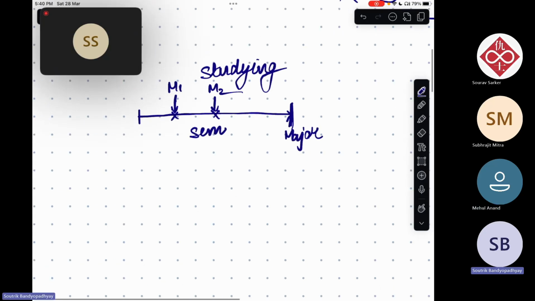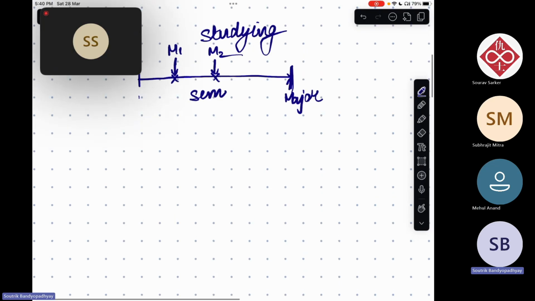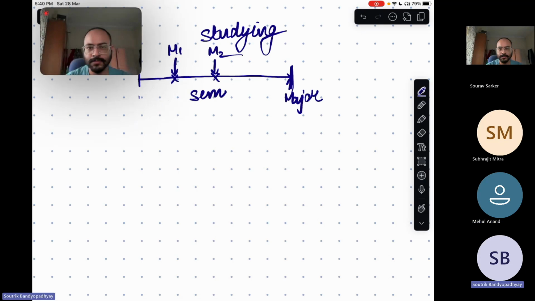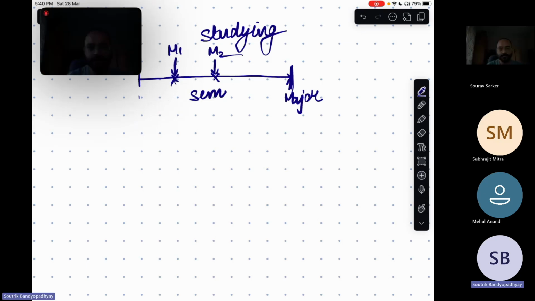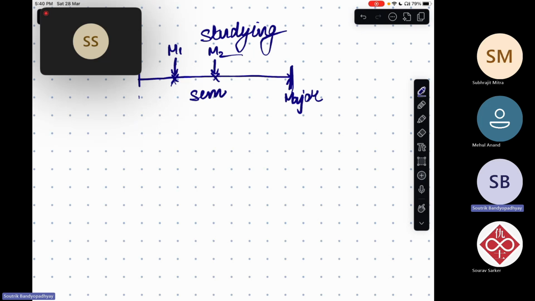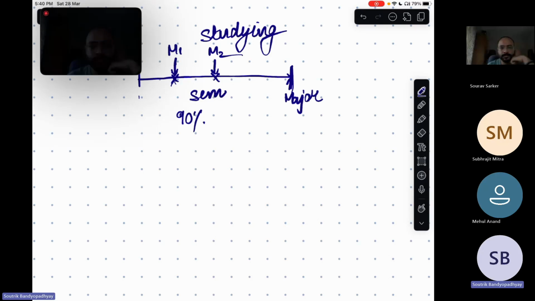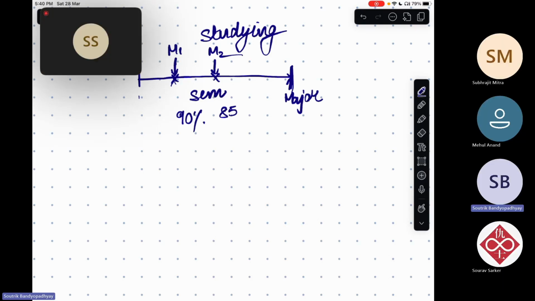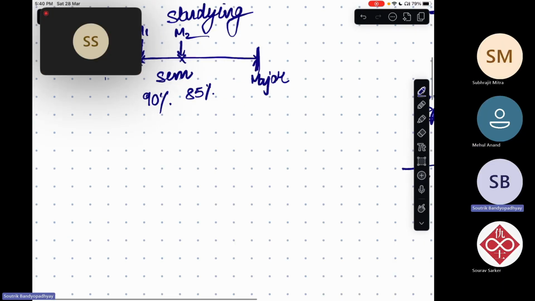Now, when you are preparing for this entire semester, you prepare your entire courses according to what the teachers gave you. You have some self studies and so on and so forth, right? But at the end of, let's say, minor one, you get some marks. Let's say you get 90%, and for minor two you get, let's say, 85%, and so on and so forth, right?